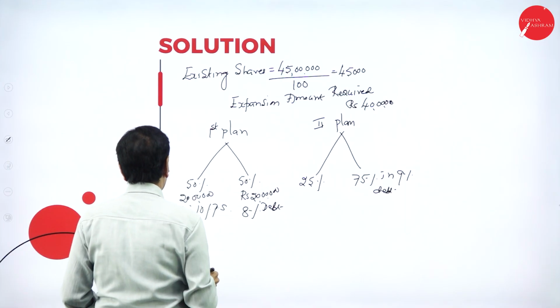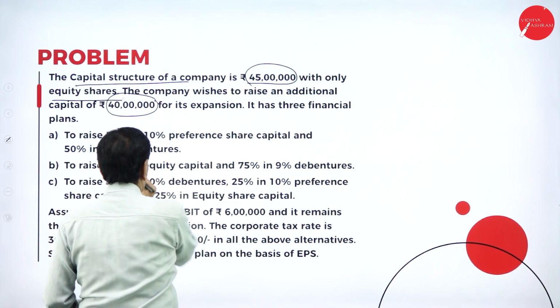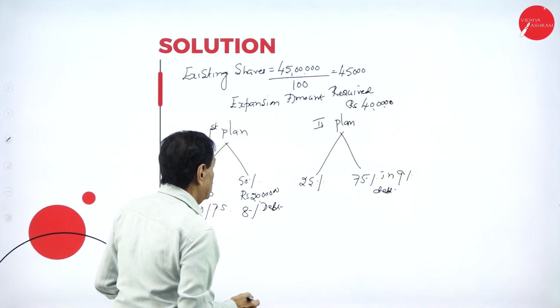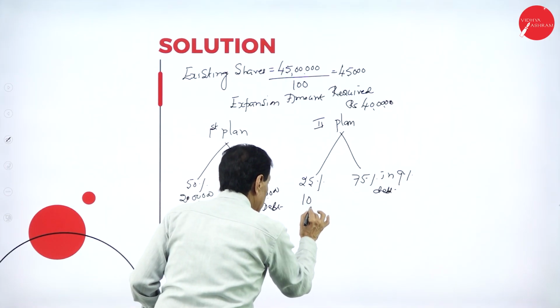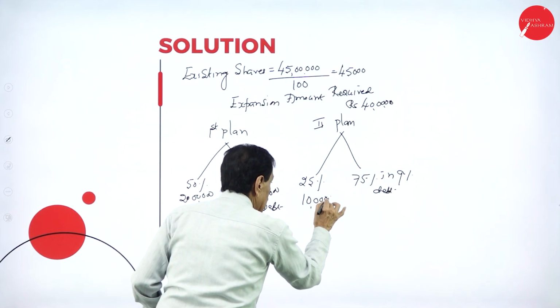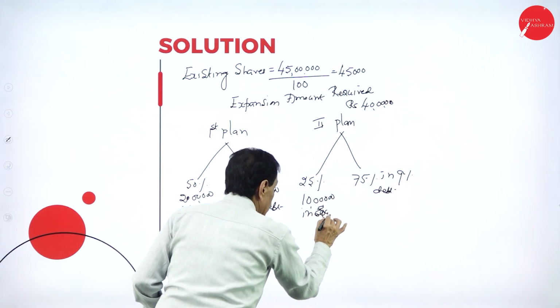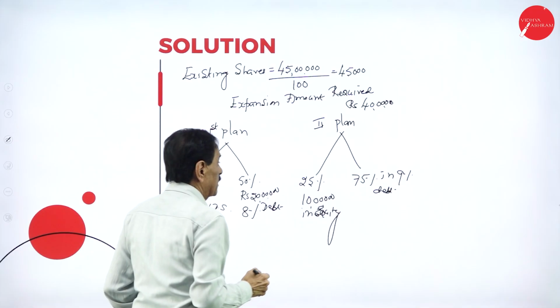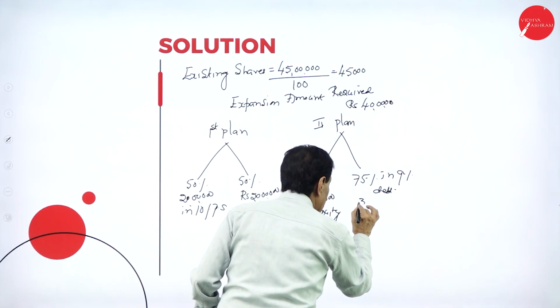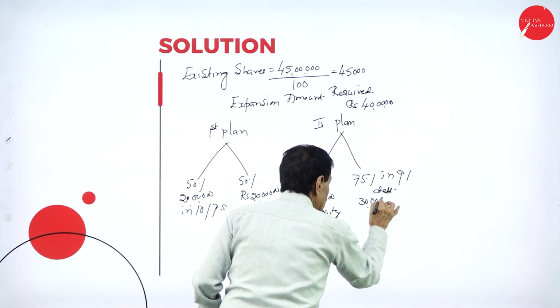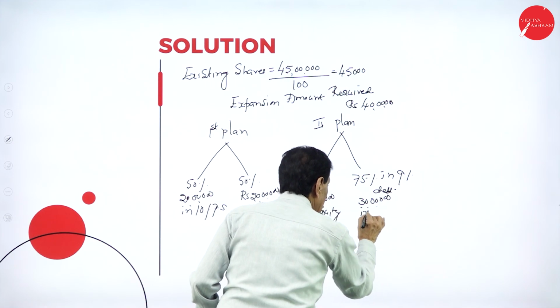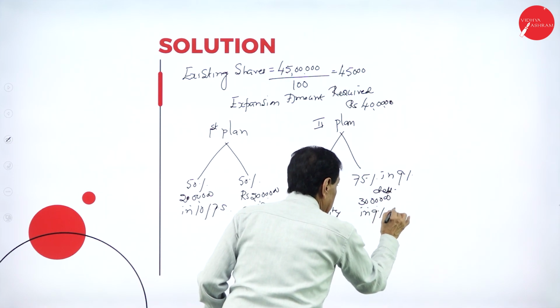So 25%, 1/4, is 10 lakh in equity, and 30 lakh in 9% debt.